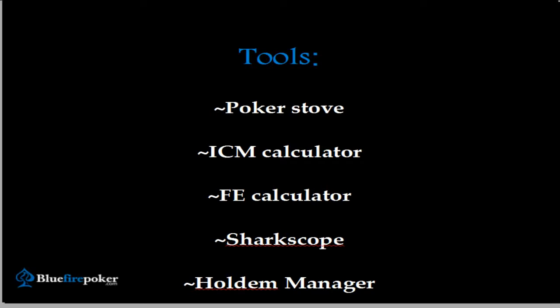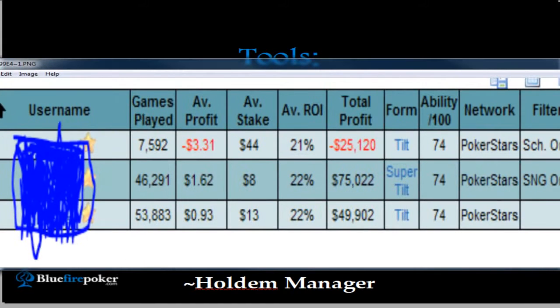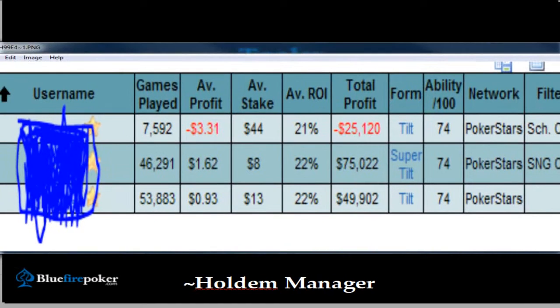Okay, so I'm going to show you guys how a SharpScope advanced search on a player can pretty much tell us how this person plays. Sorry for this blue mark, I couldn't find the right eraser for this, but it's okay.